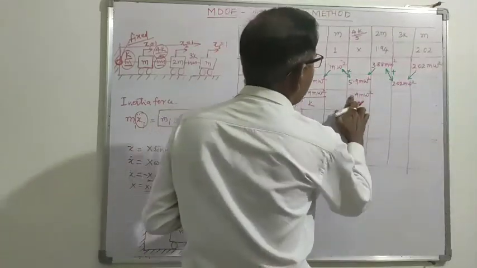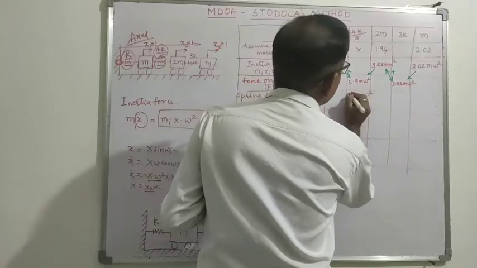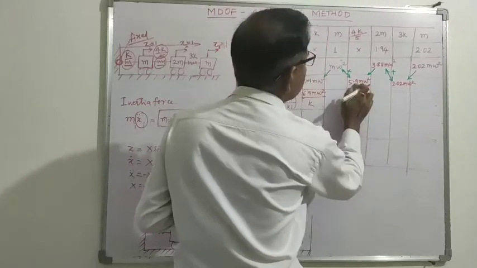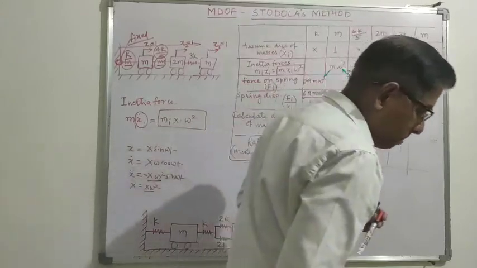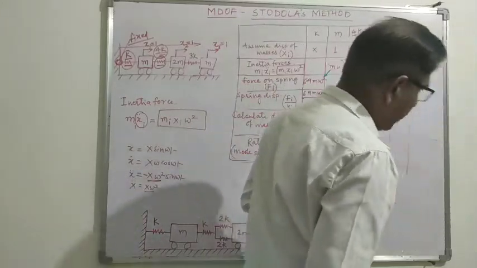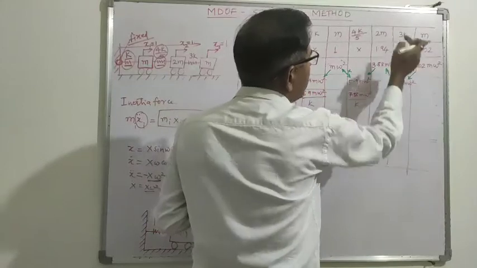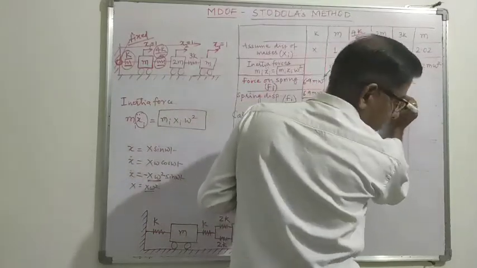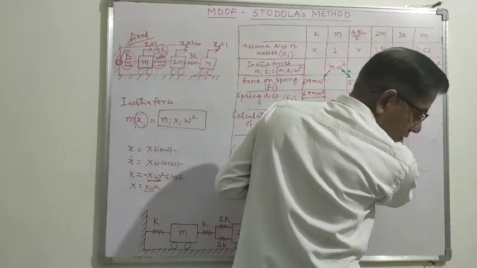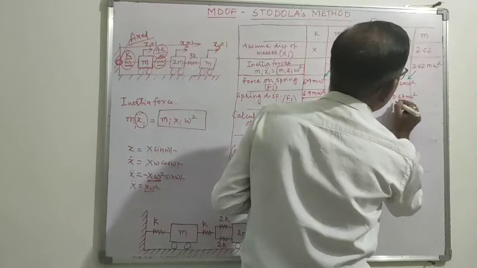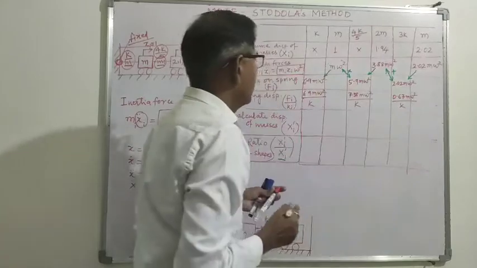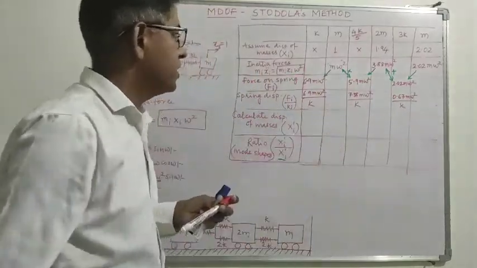So this is 7.38 m omega square by k. And this divided by 3k is 0.67 m omega square by k. So these are the spring displacements.